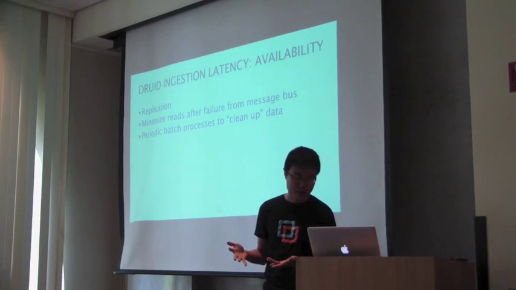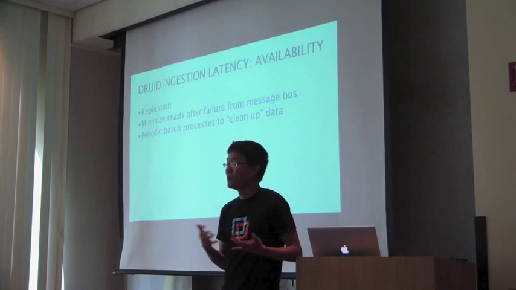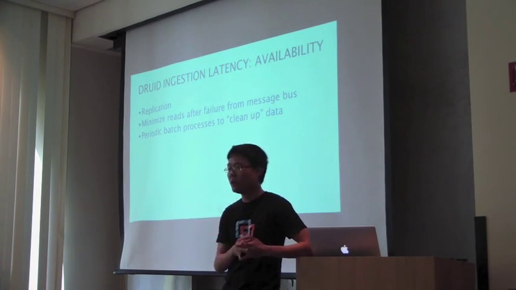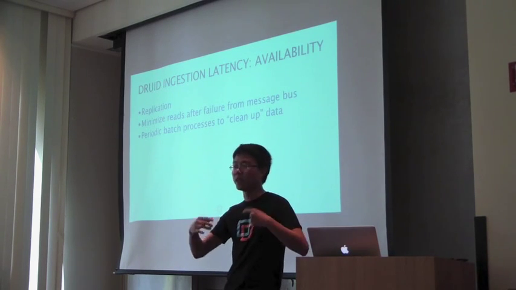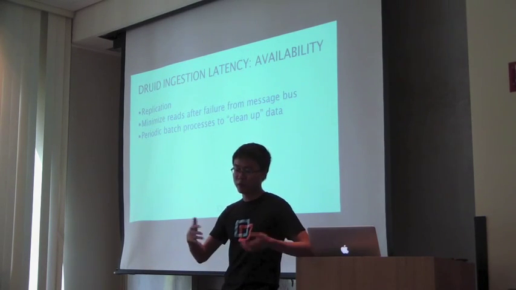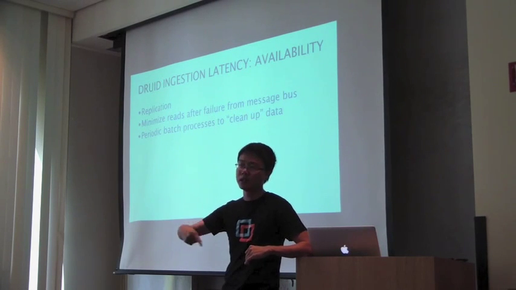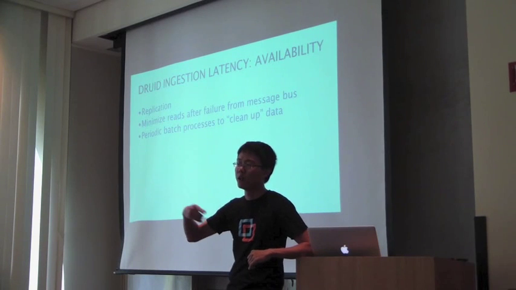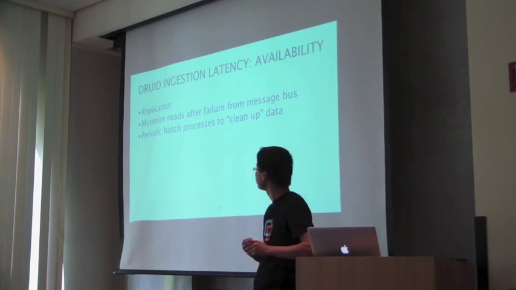One of the other things that we're trying to minimize is the amount of data that's being read should a node fail and then recover. Because we periodically build immutable chunks, if a node fails and recovers, it can load up those chunks right away and then do a read from the message bus for a much smaller subset of data that was lost.